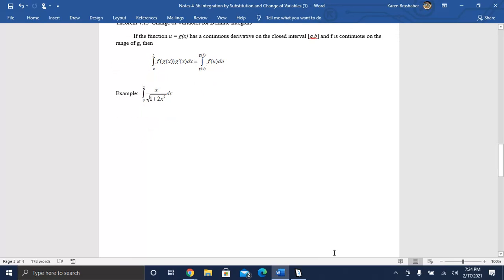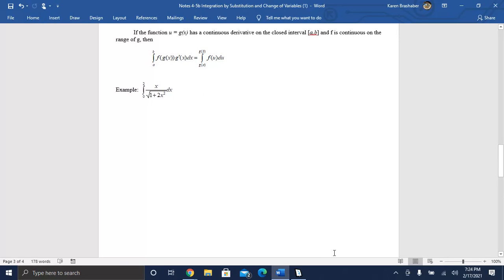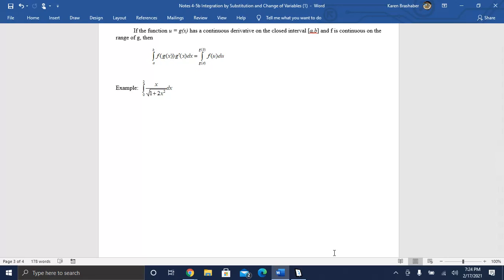Now, we'll find out that we can also do a change of variables and actually evaluate definite integrals. So when you do this, you'll need to adjust the limits of integration when doing your U substitution. So let me go ahead and get us started on this.